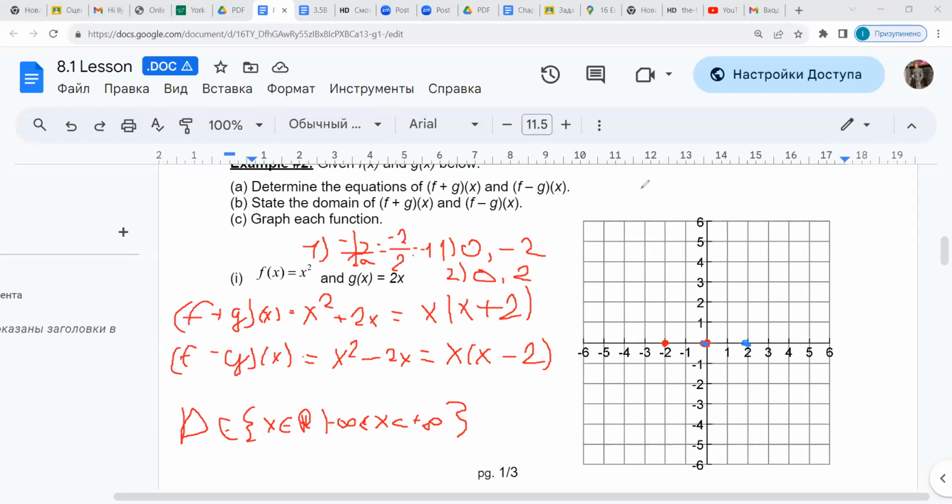And for the second function, you're going to have 2 over 2, so it's going to be 1. Is it? Yes.